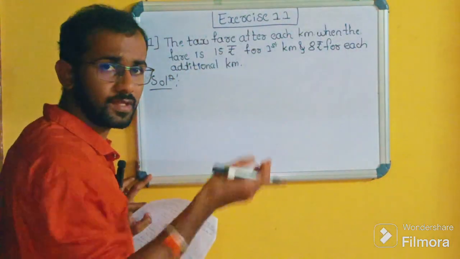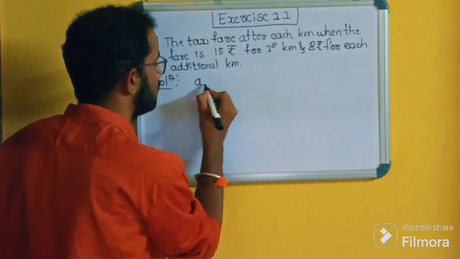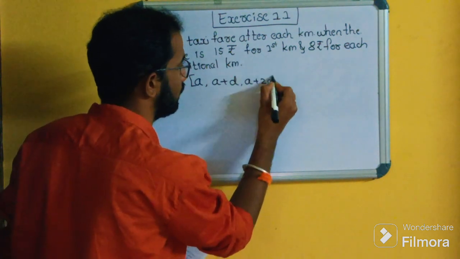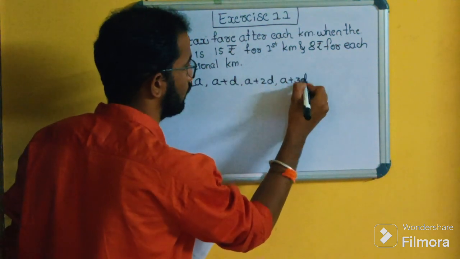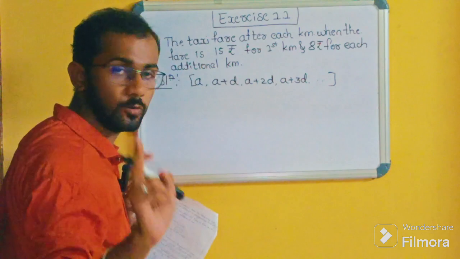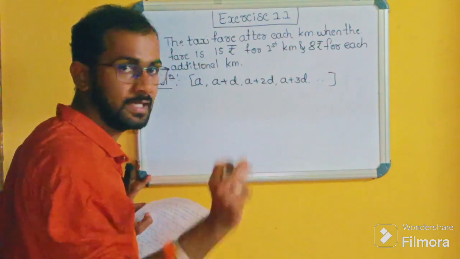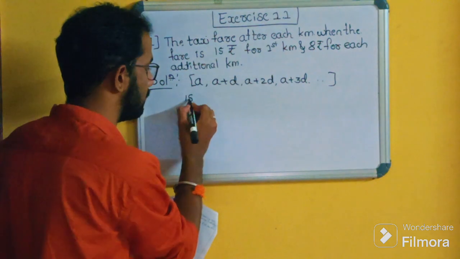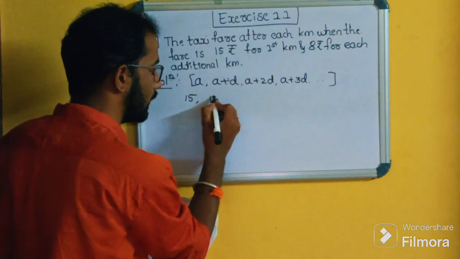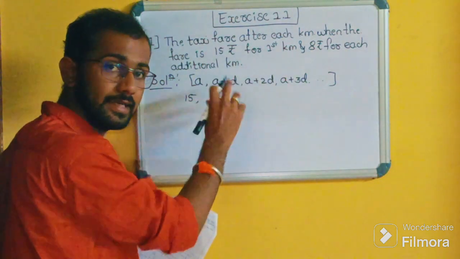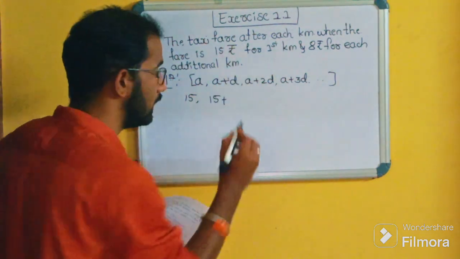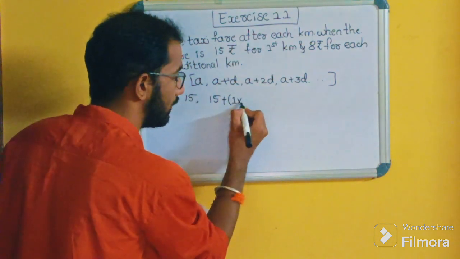Let's consider the general form of an arithmetic progression. Here A is the first term, that is the first kilometer. If you travel for the first kilometer, then A should be 15. So A is 15, plus what is D? D is the difference: if you travel 1 additional kilometer, then 1 into 8.